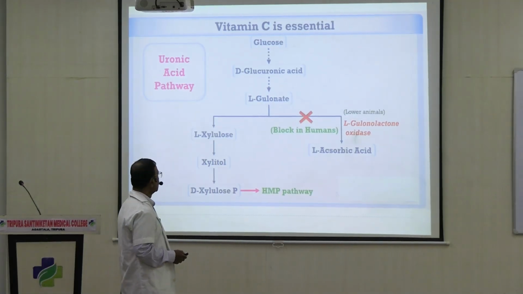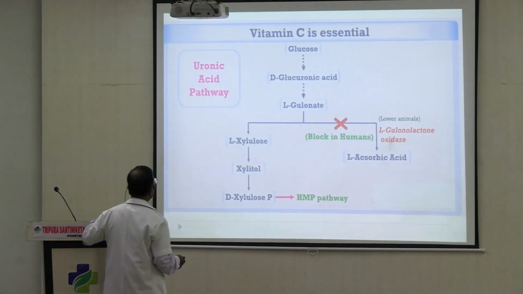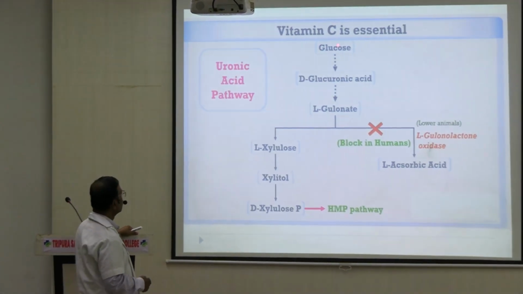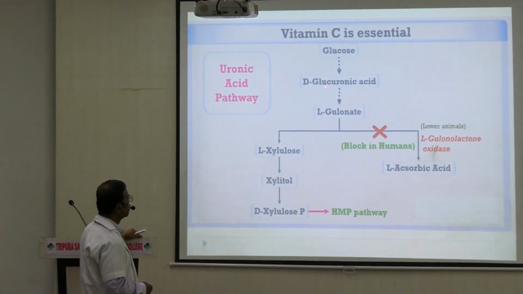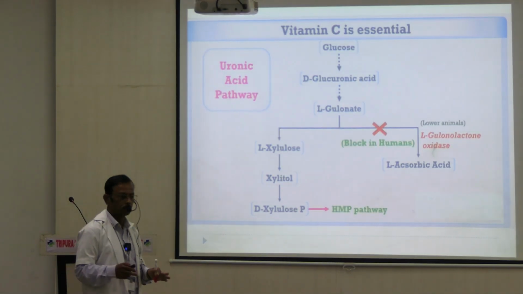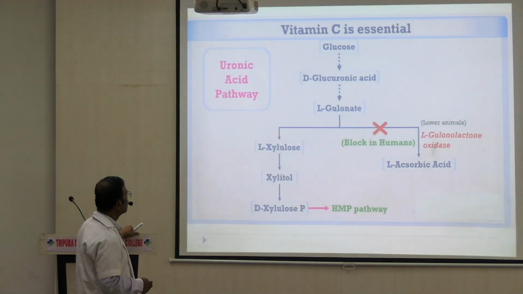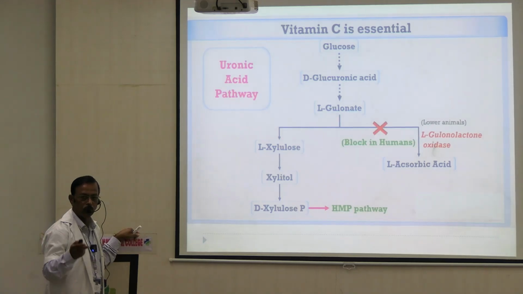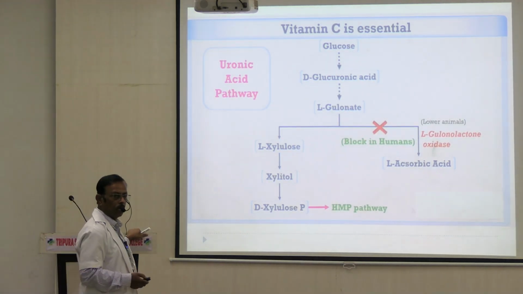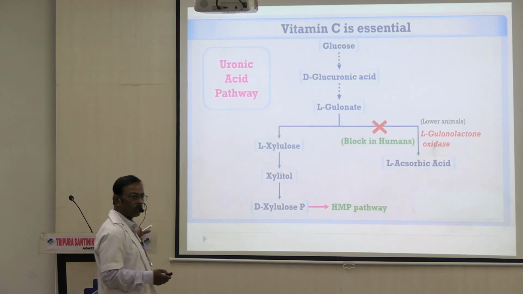Vitamin C can be synthesized from glucose. From glucose, glucuronic acid is formed. Glucuronic acid is very important for our body because of detoxification or elimination of those products by conjugation.